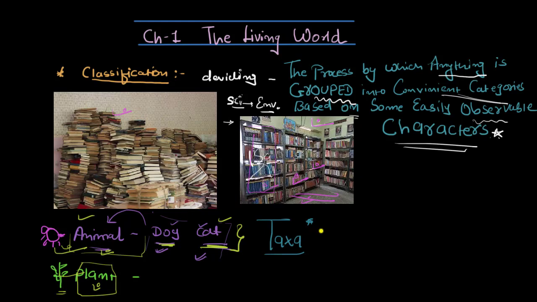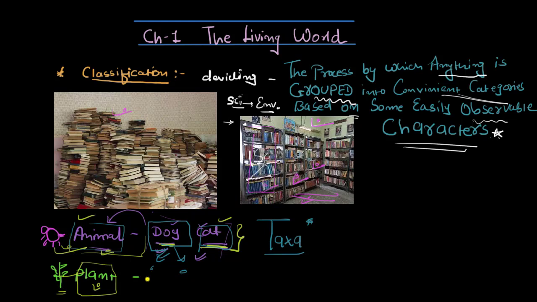Now, don't get confused about what is taxa and what is not. Each of them is taxa, at a different level. For example, animal itself is also a taxa. Then the sub-division we have done, the dog itself is also a taxa, this group. Further, when you divide the dog on the basis of breed, for example German Shepherd and Alsatian, that is also a taxa.